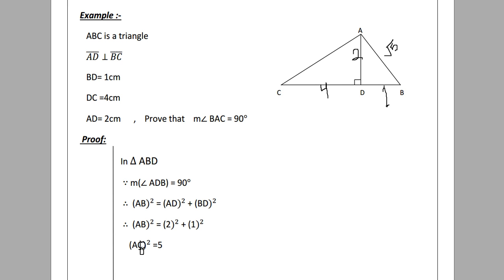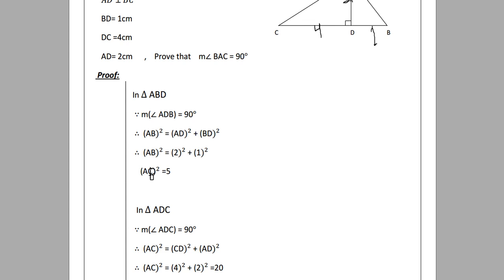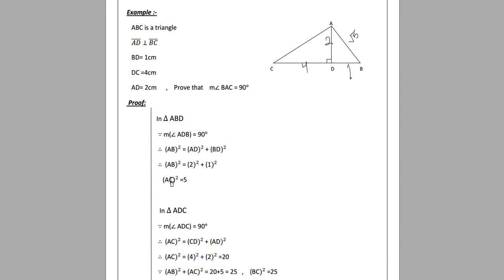Let's go to the other triangle, ADC. In the triangle ADC we have the measure of angle ADC is 90 degrees, and we can get that AC squared equals DC squared plus AD squared. Why? Because this is the Pythagoras theorem.